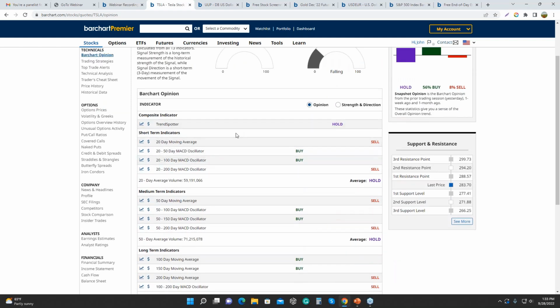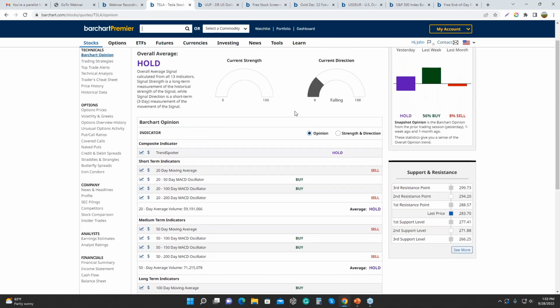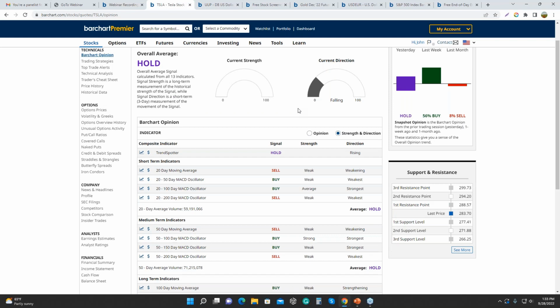And if I look at my indicators, I see a mixed bag, right? Some are showing me sell indicators, some are showing me buy indicators. Again, I don't need to go to the chart. I don't even need to go any further. If I'm a Tesla trader, this is telling me, hey, my market is just spinning its wheels.